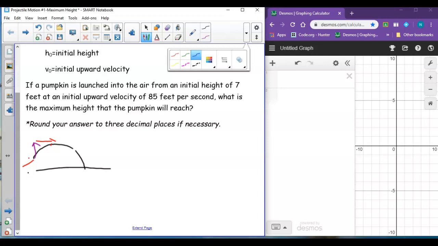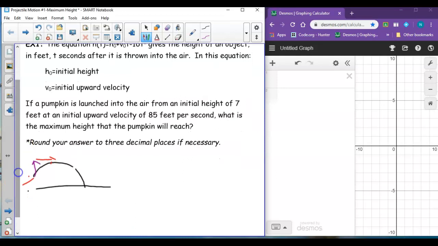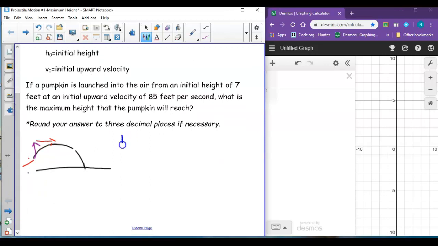So our formula up here is h sub 0 plus v sub 0 t minus 16t squared. In this case, h of t is going to equal h sub 0, our initial height, which is 7 feet. So we're going to put that here. Sorry about that bad writing.